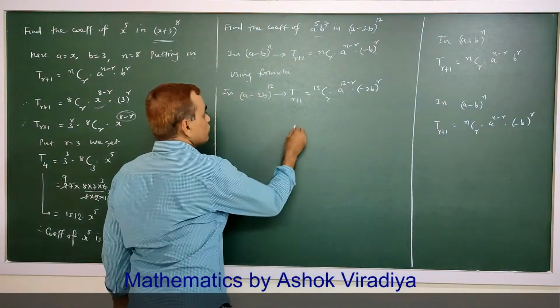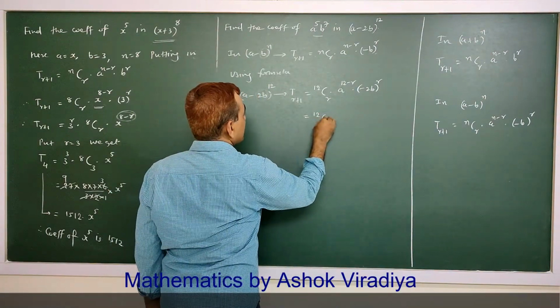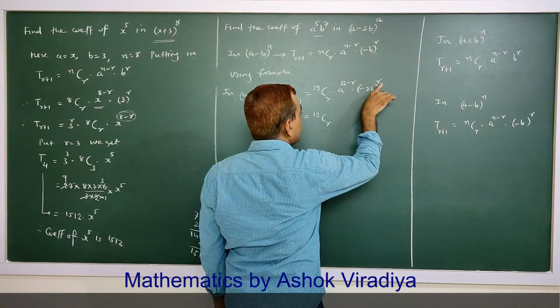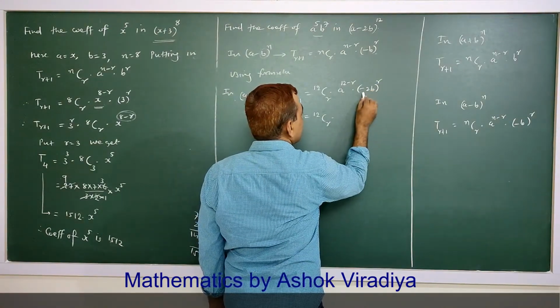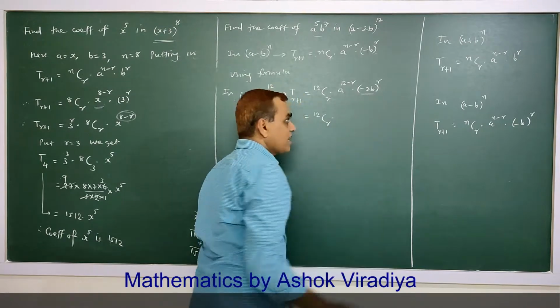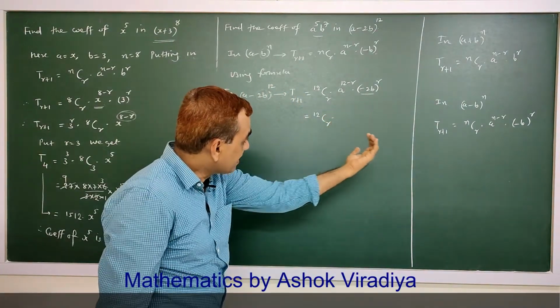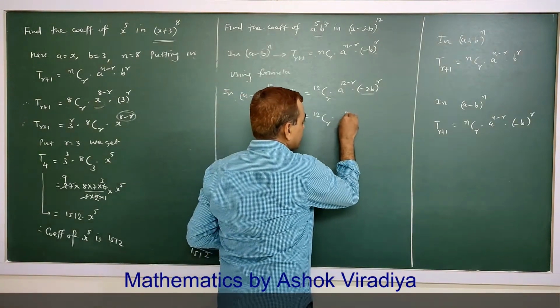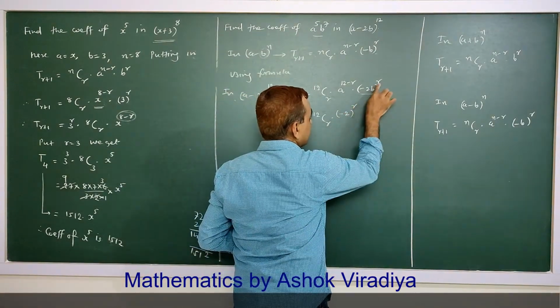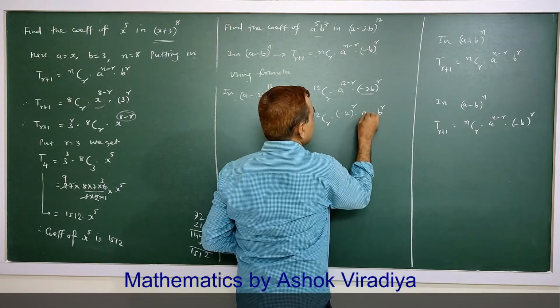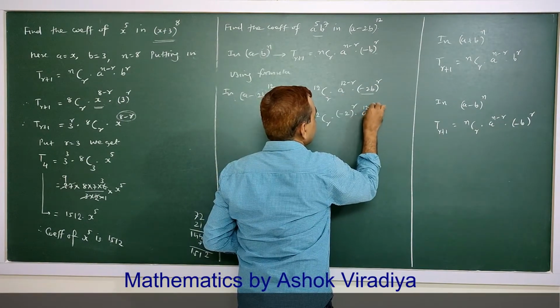So it is equal to 12Cr, see, minus 2 raised to r. From this part, we are separating minus 2 raised to r, which we are taking on the left side.